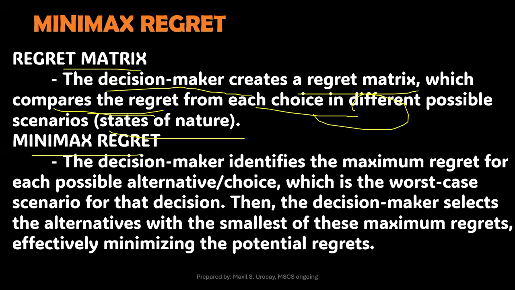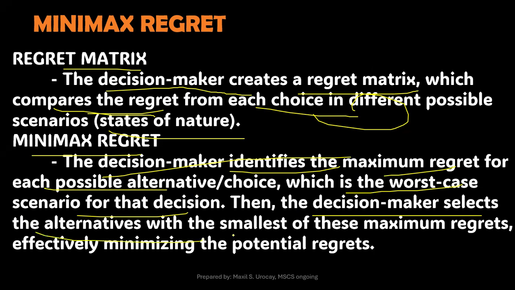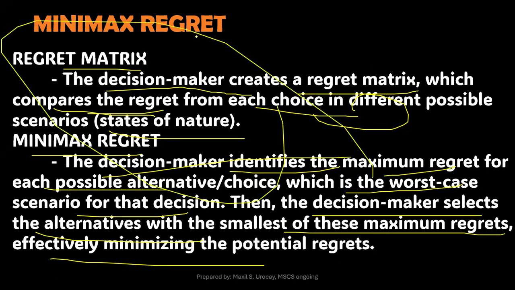For the minimax regret, the decision maker tries to identify the maximum regret for each possible alternative or choice, which is the worst-case scenario for that decision. Then the decision maker selects the alternative with the smallest of these maximum regrets, effectively minimizing the potential regret.